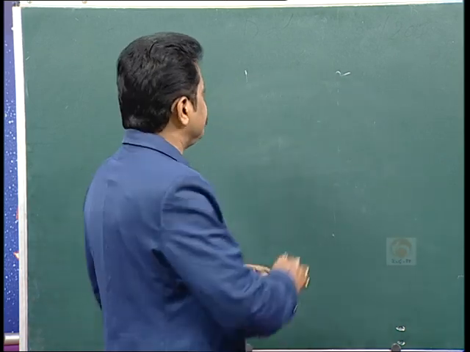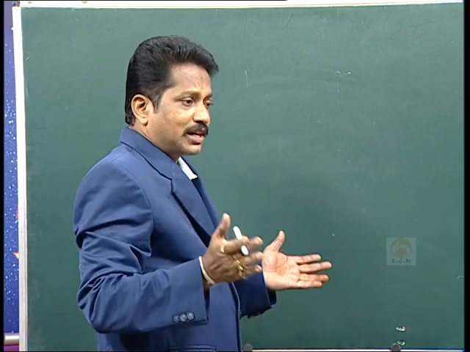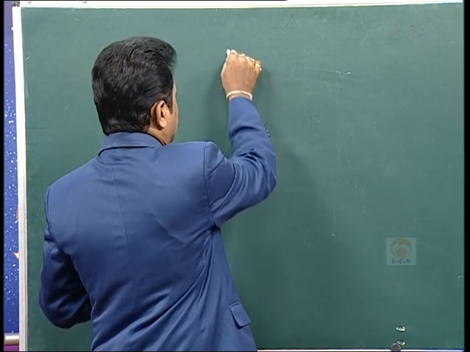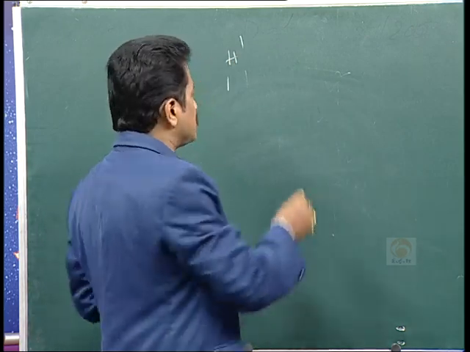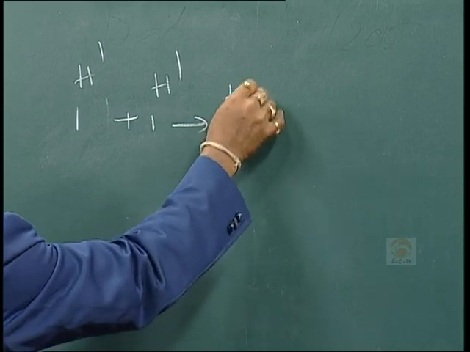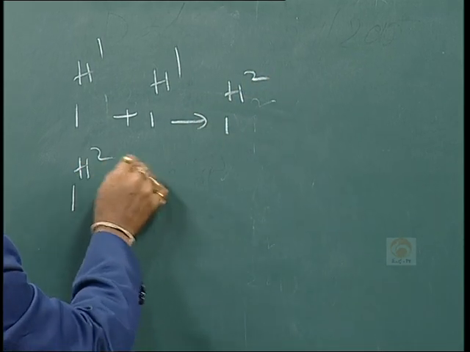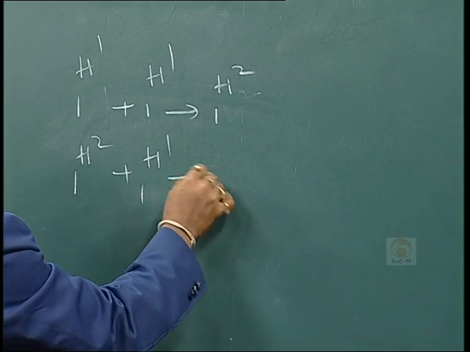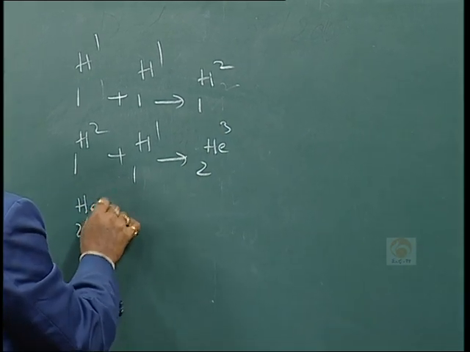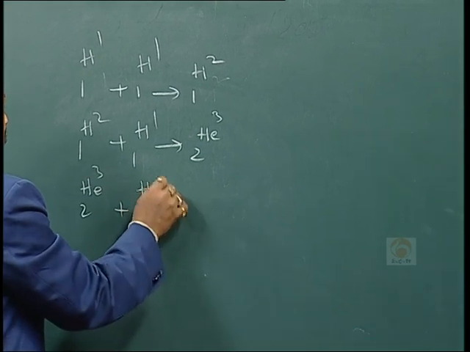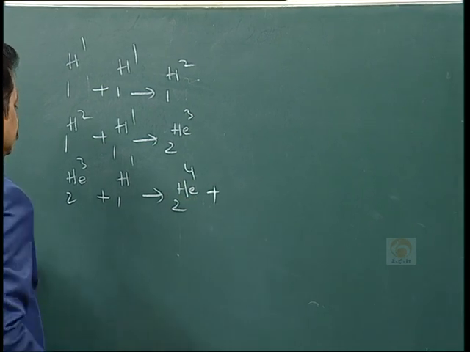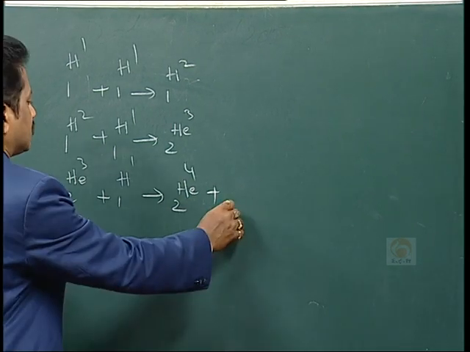Inside, in the photosphere of the sun, there will be hydrogen: 1H1 plus 1H1 gives rise to 1H2, and 1H2 plus 1H1 gives rise to 2He3, and 2He3 plus 1H1 gives 2He4.